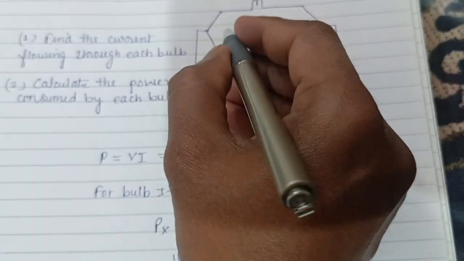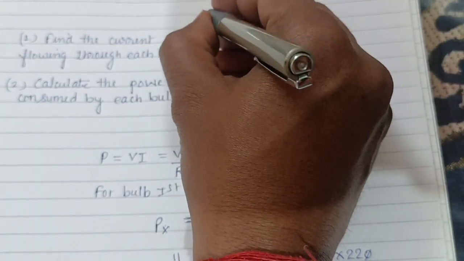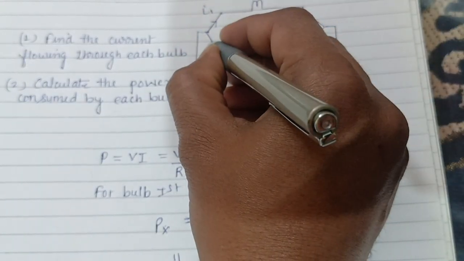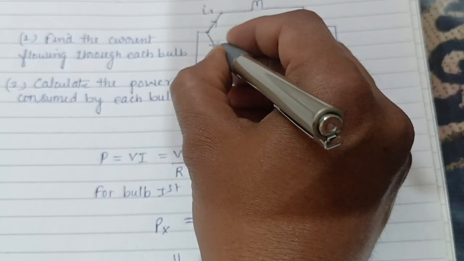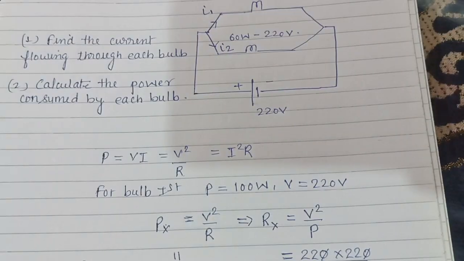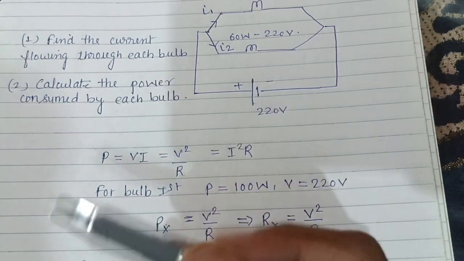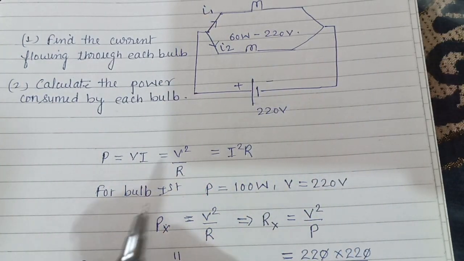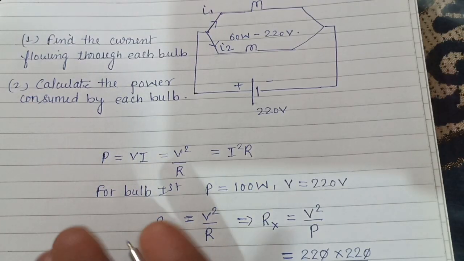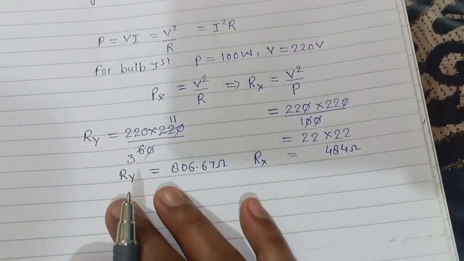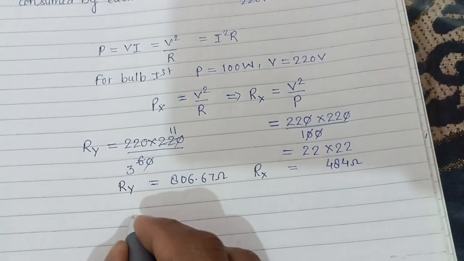So let this be current I1 and that be current I2. These are in parallel connection, so the values of I1 and I2 will be different. So first we will find I1.